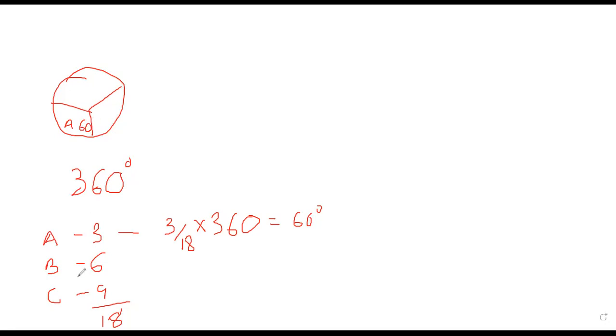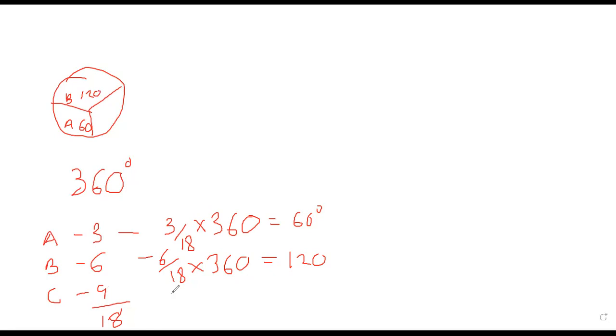Then our B will be 6 out of 18 times 360. So 18 into 360 is 20. 20 times 6 is 120. So you put your B there, which is 120.